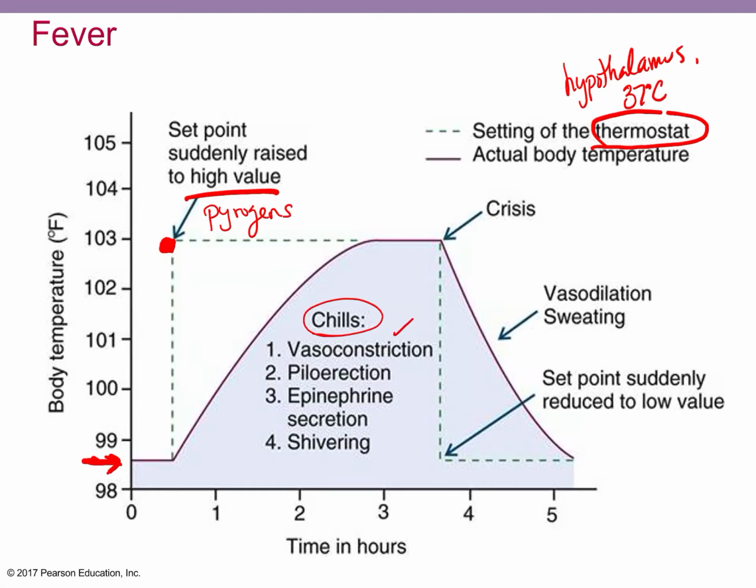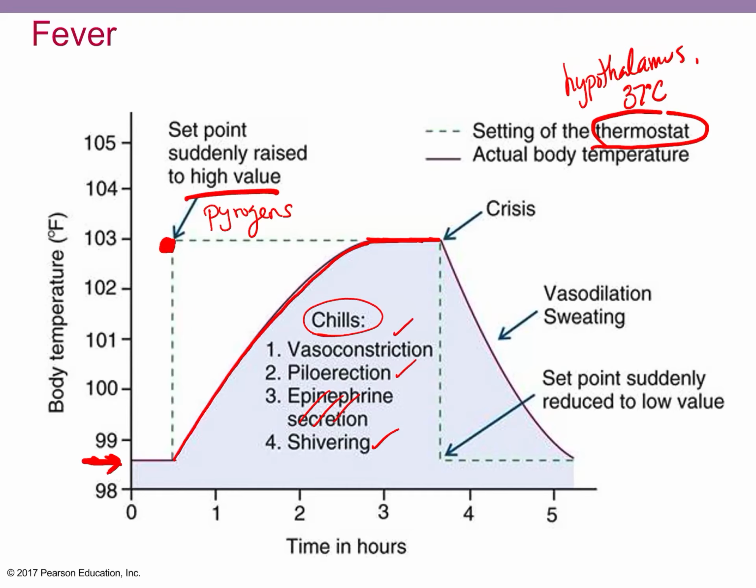It's going to constrict the blood vessels. It's going to give you goosebumps. Piloerection is when your hair stands up on end. You're going to shiver. Okay, and epinephrine secretion, we don't need to worry about that. But it's going to have this physiological response, and then you're going to raise your body temperature up to where your brain thinks it should be. And that's when you have that fever.